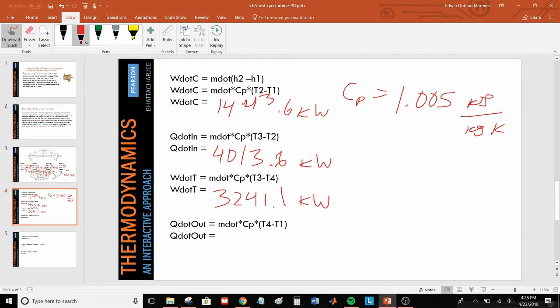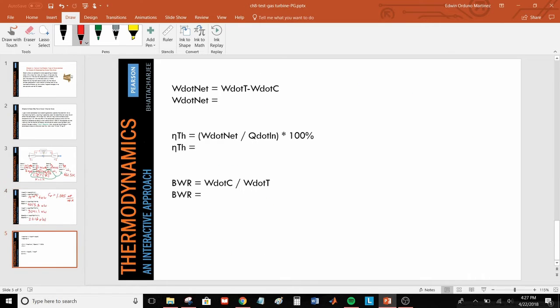And the heat rejected would be the mass flow rate times the specific heat times the change in temperature from state 4 to state 1. Now with these numbers, we can solve for what we're looking for.